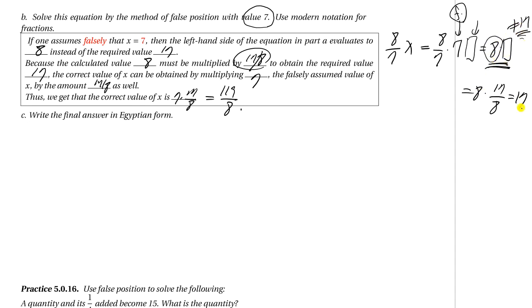But we are looking for 17, so we need that correction by multiplying 17 over 8. Then it should have that in there, right? So the x becomes actually 7 times whatever that correction number is, which is 17/8, right? So that x must be 7 times 17/8. So that is what they did.